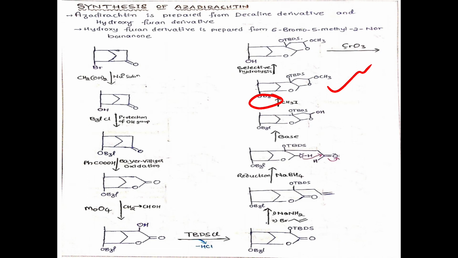Only this hydroxy group is hydrolyzed to form a free hydroxy group, which is oxidized with chromic oxide. On treatment with chromium oxide, the free hydroxy group at this carbon is converted into the ketonic form.